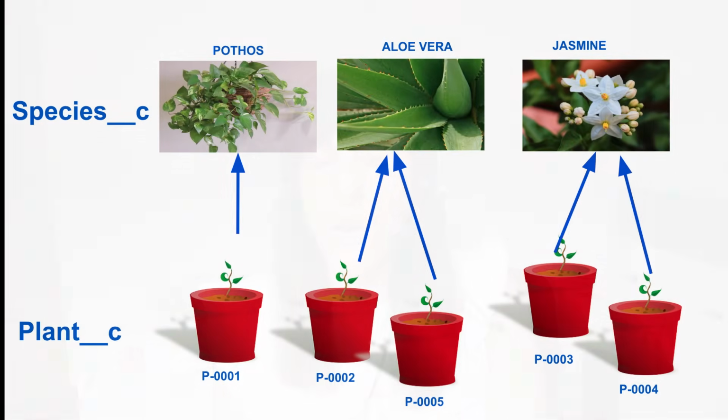To illustrate how SOQL works along this quick take, we are going to use a pair of custom objects. We are going to use a custom object called species that represents plant species, and another custom object called plants that represents plants of a certain species.